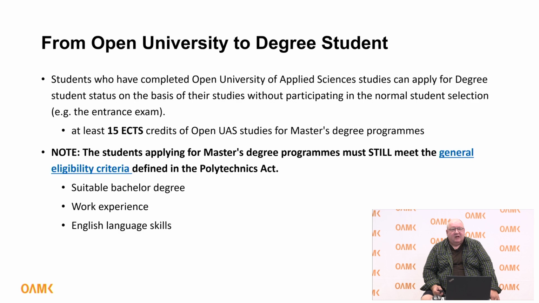And you must have at least 15 ECTS credits to enter the master program as a degree student. If you apply, you don't have to do the entrance exam again. You have to do it when you apply to the path. But you still must meet the general criteria like a suitable bachelor degree, work experience and English skills.